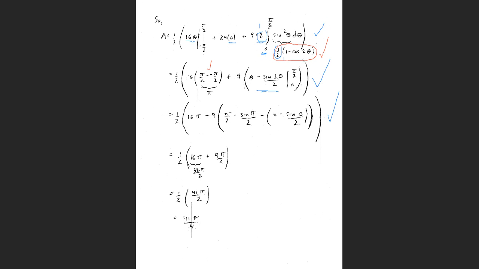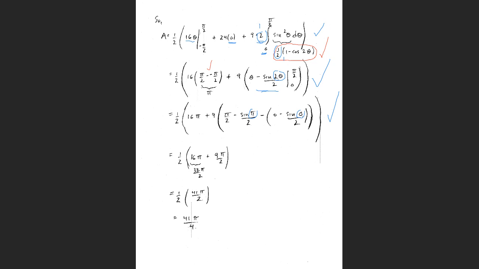And then I lay out the work very carefully with parentheses. And for the final exam, I would want you to show me this work as well. When I put pi over 2 in for theta, 2 times pi over 2 is pi, and then 2 times 0 is 0.